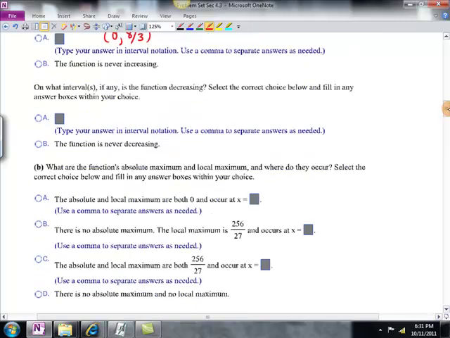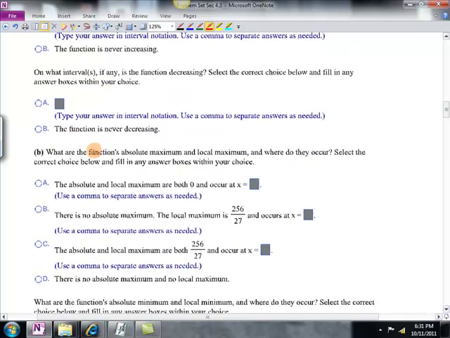Where is it decreasing? Negative infinity to 0? And from 8/3 to infinity?